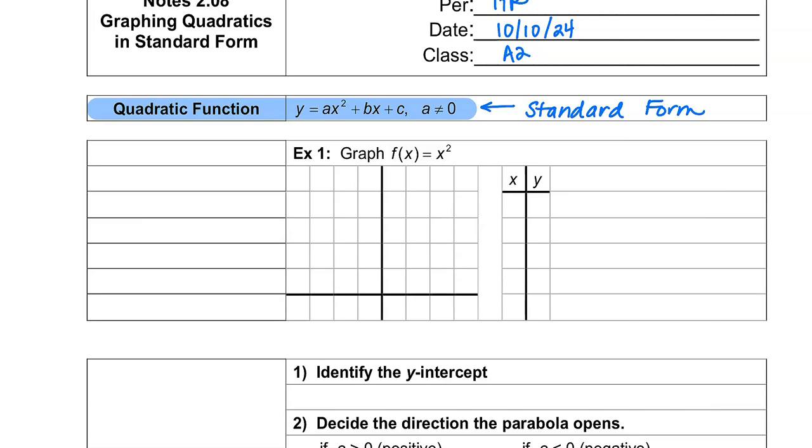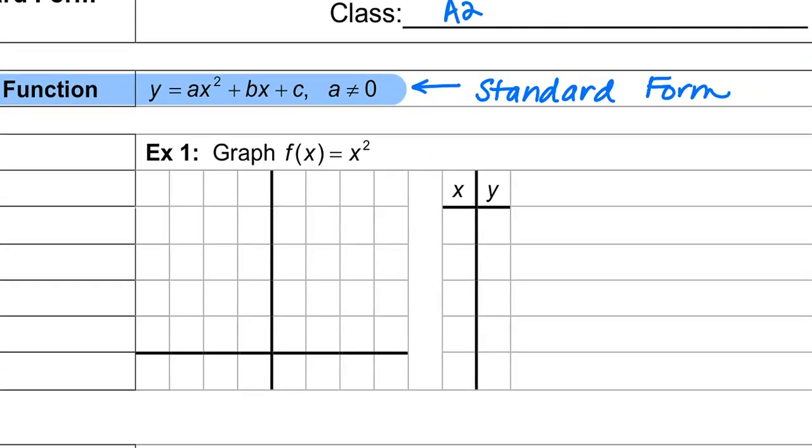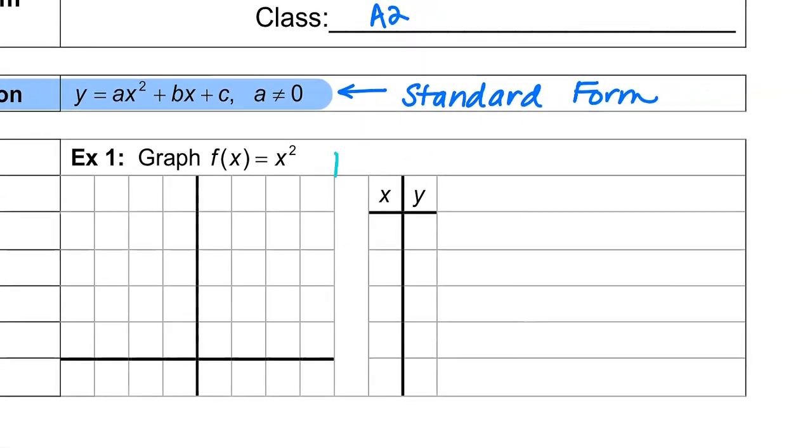Okay, so let's take a look here. F of x equal to x squared. We call this the parent function. And the reason we call this the parent function is because it's the most basic quadratic.